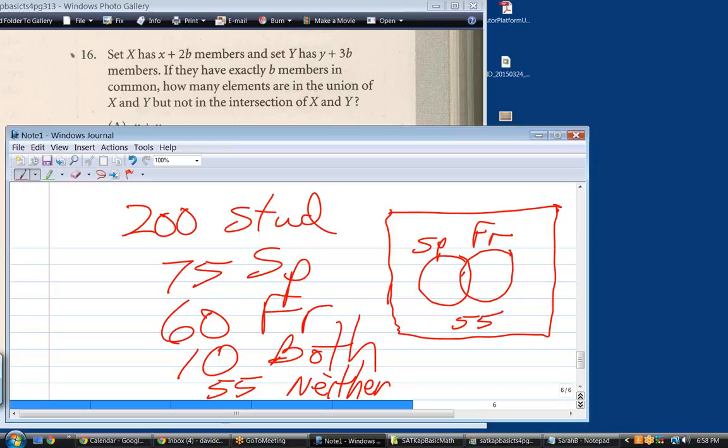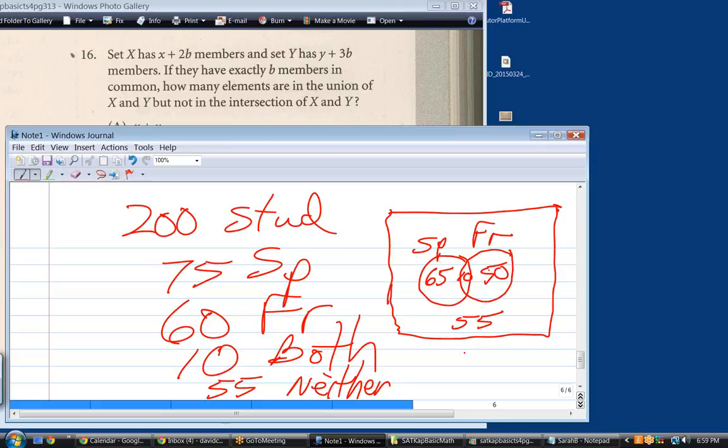So if I wanted to know how many Spanish, I've got 75 minus 10. So there's 65 taking Spanish alone. There's 50 taking French alone. And there's 55 taking neither. And there's 10 taking both. All of those should add up to 200. 65, 10, 50, and 55.